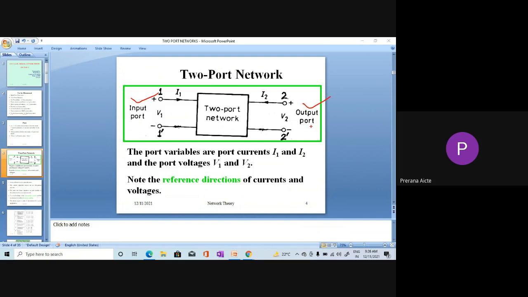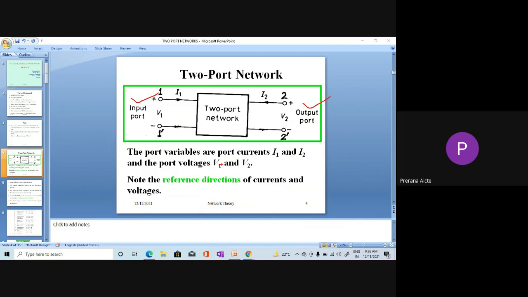So the two-port network is going to have some variables here. The two-port network consists of current I1 and voltage V1. These are the current and voltage at port 1.